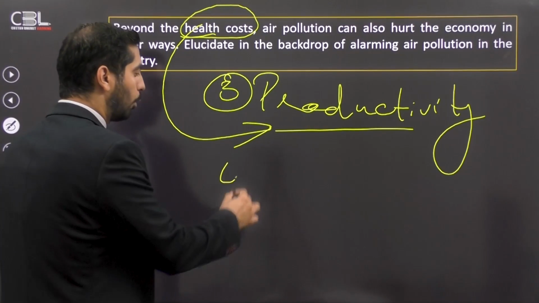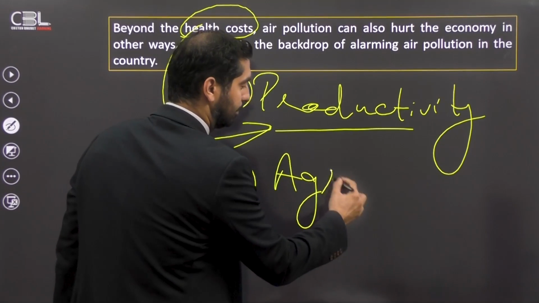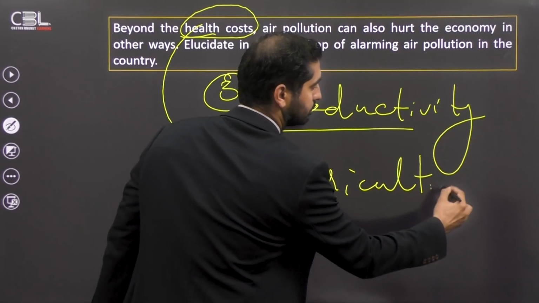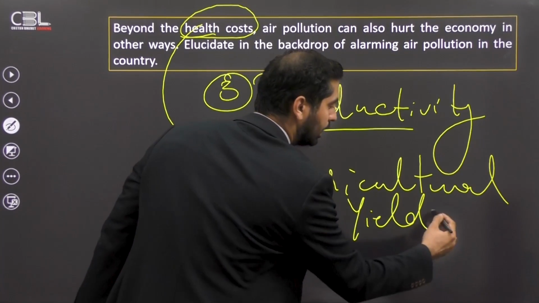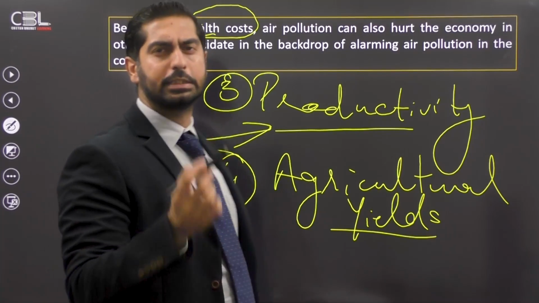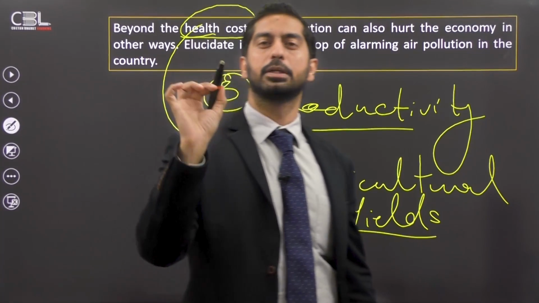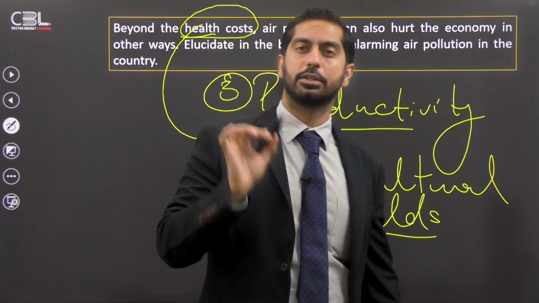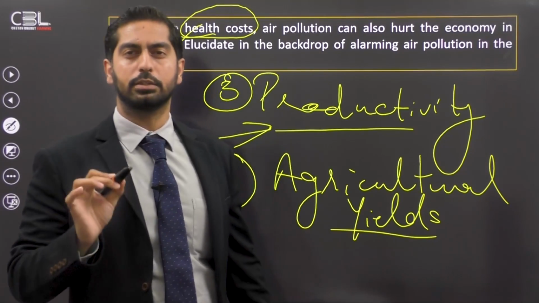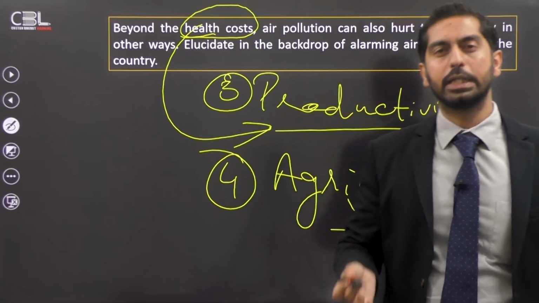The fourth way could be impact on the agricultural yields. There was again this study which said that because of the air pollution, there was an impact of around 19% on the wheat yield.